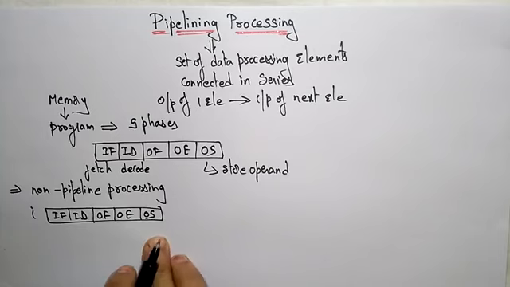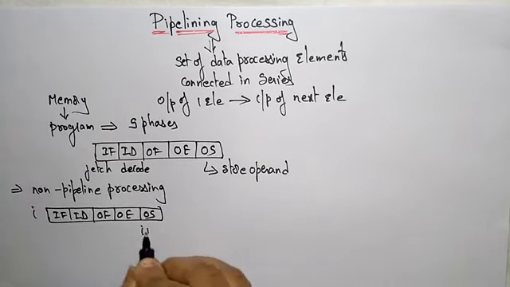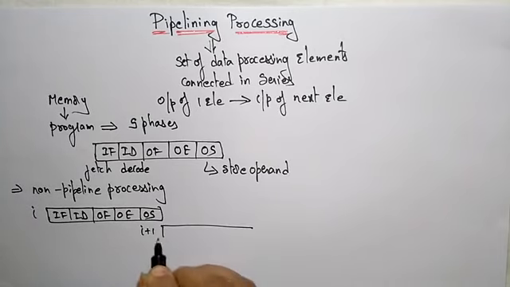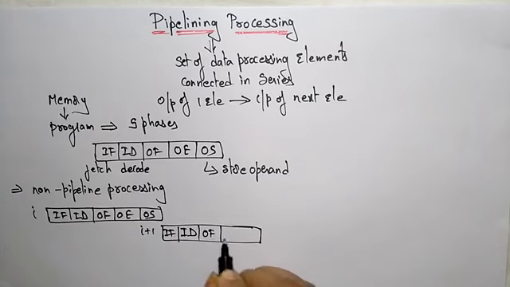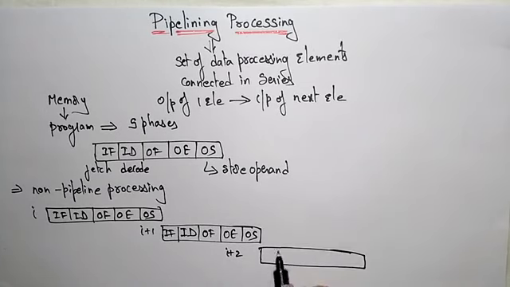After the completion of one cycle, it goes to another instruction. Again it takes the next instruction from the program: it fetches that instruction from memory, instruction decode, operand fetch, operand execute, and finally operand store. After that comes I+2.